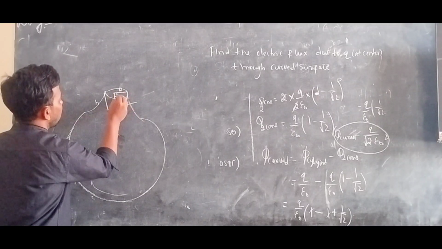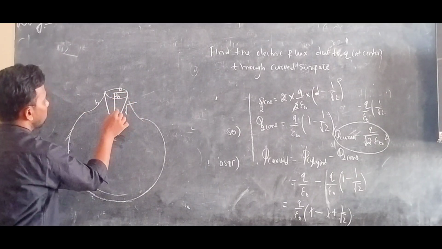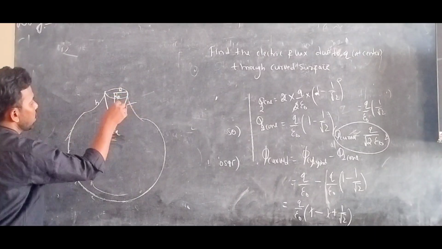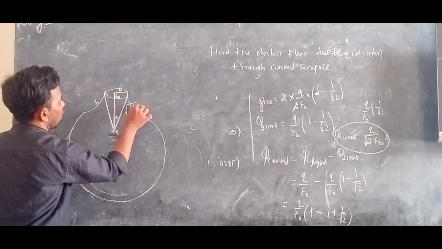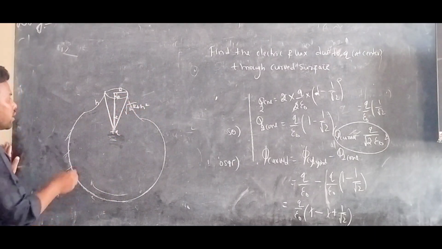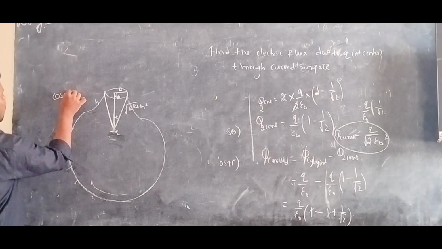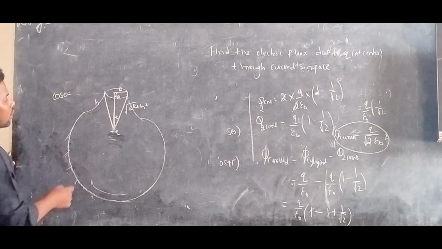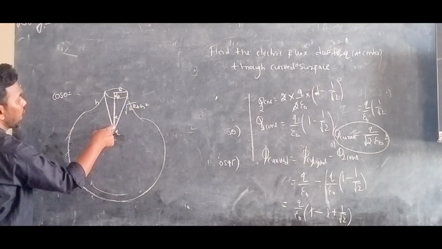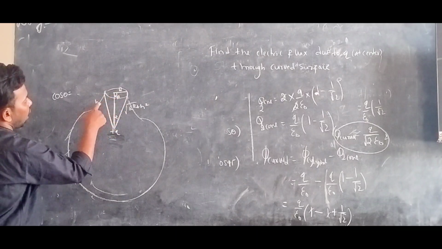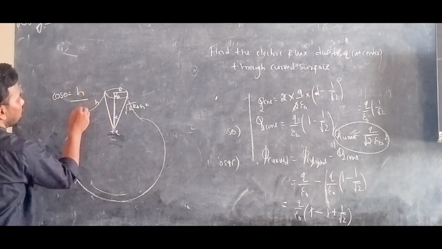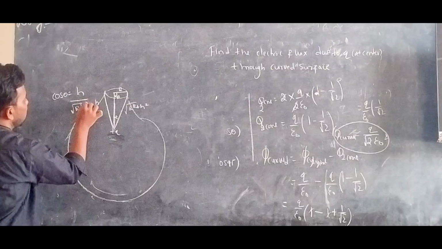This is the angle theta, and this is 90 degrees. The hypotenuse is root of r square plus h square. So what is cos theta? Opposite by hypotenuse, h by root of r square plus h square.